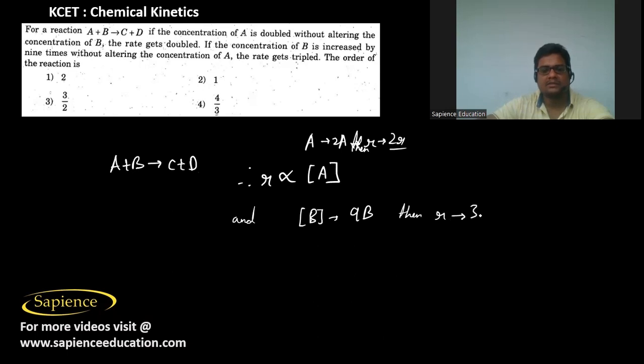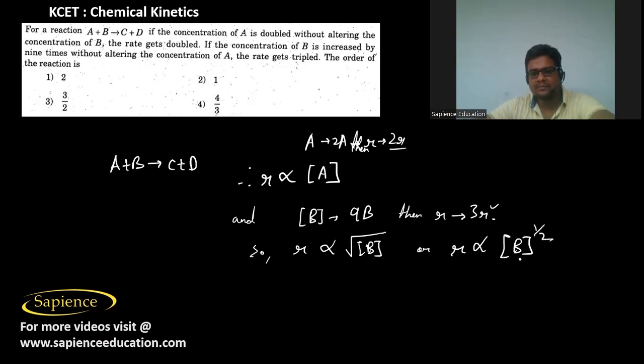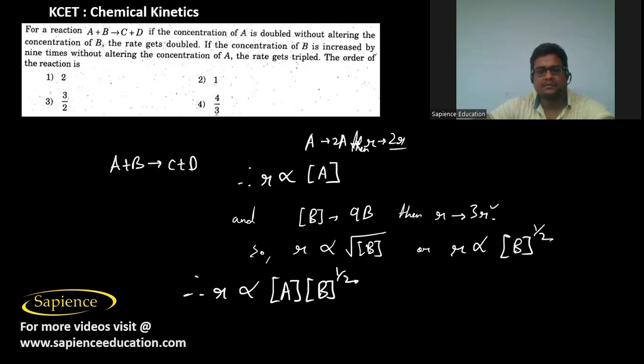So it means the rate will change to 3R, 3 times. So therefore, the rate of the reaction is proportional to the square root of the concentration of B. Or I can say, rate is proportional to the concentration of B power half. So therefore, the rate is directly proportional to the concentration of A into concentration of B power half.